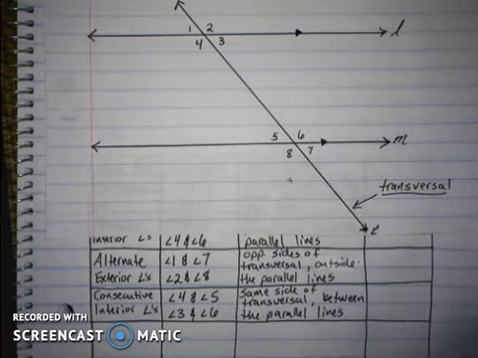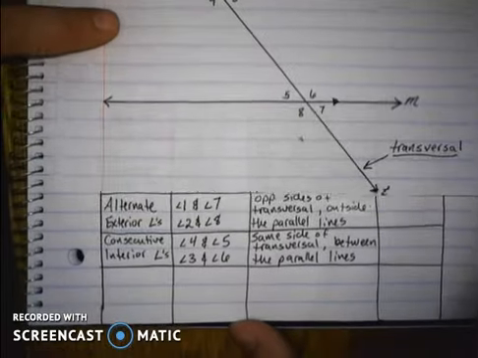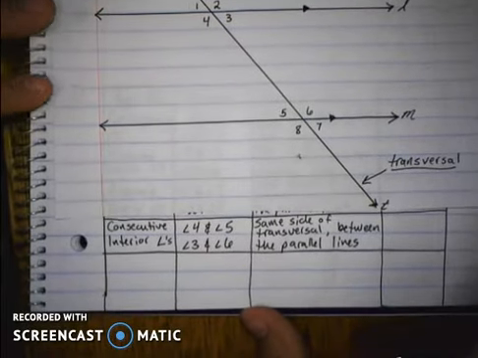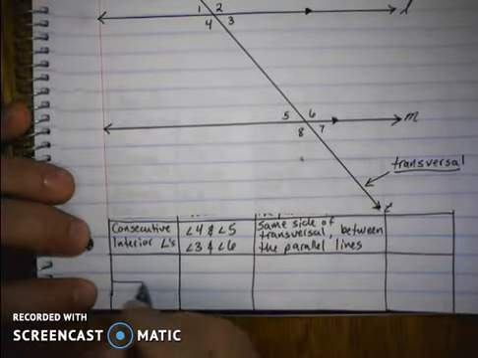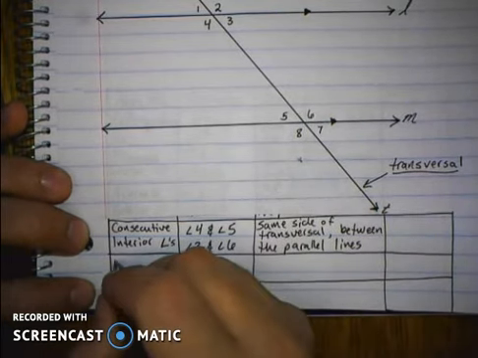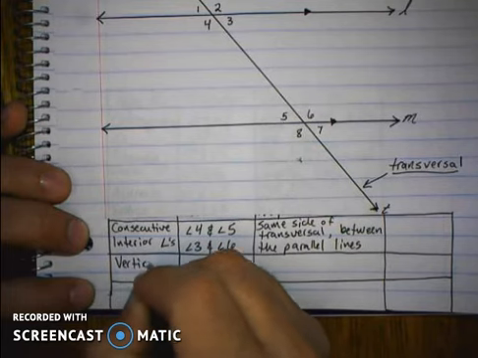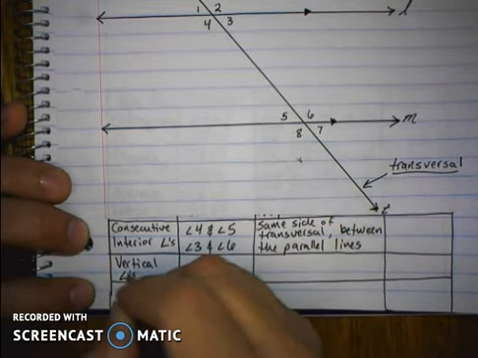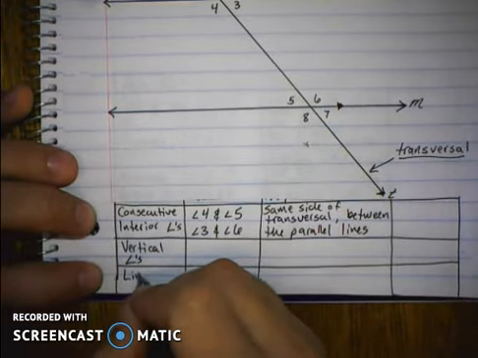All right, now we do have some other angle pairs that I want to talk about, but you guys have all seen these before. Okay, so our last two rows here are going to be vertical angles and linear pairs.